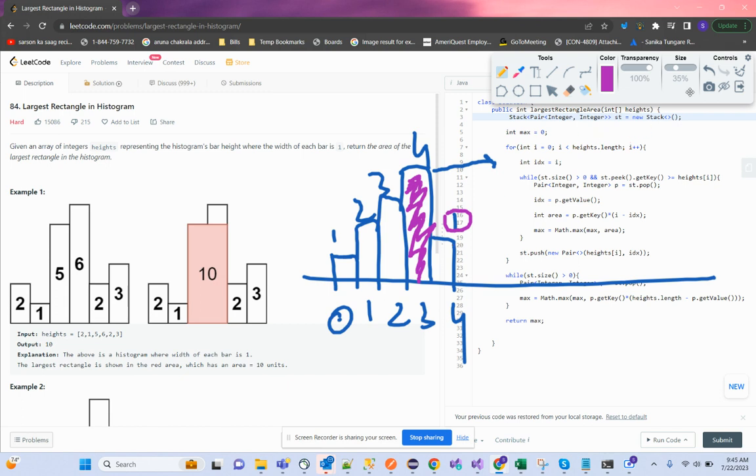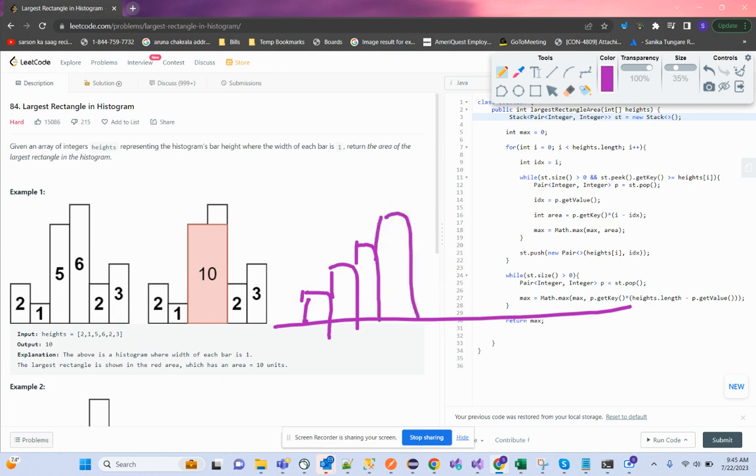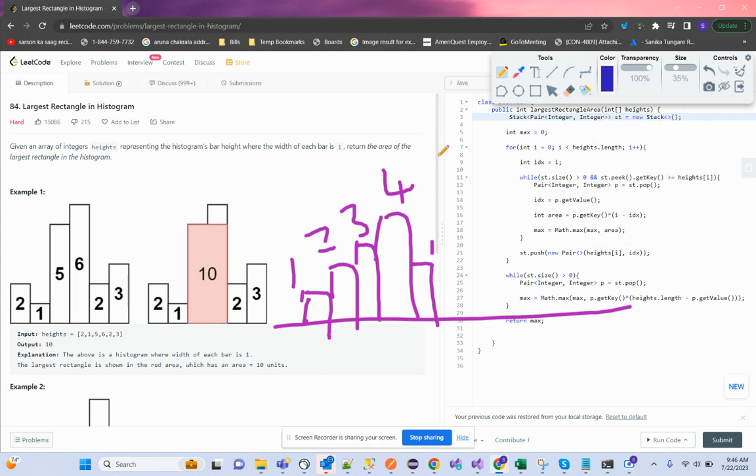So let's take another new example to make you understand more. Let's take this as 1, 2, 3, 4, and this is 1. Over here, as I told you in the previous one, it is the same histogram, but I just wanted to explain it more.